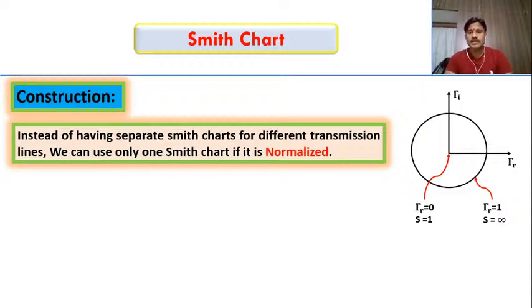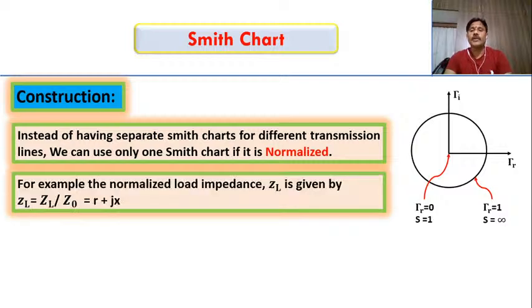Generally, normalization means we divide a particular quantity by the maximum quantity, but for the Smith chart we divide any impedance, whether it is input impedance, short circuited impedance or open circuit impedance, by its characteristic impedance Z0, not by the maximum impedance.